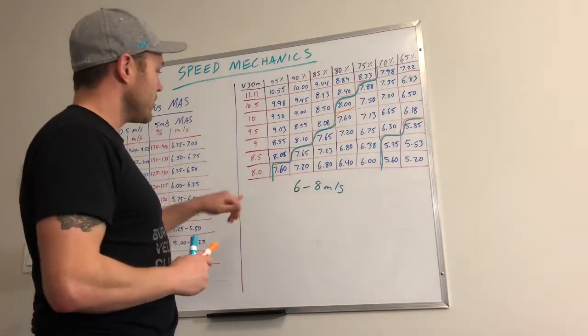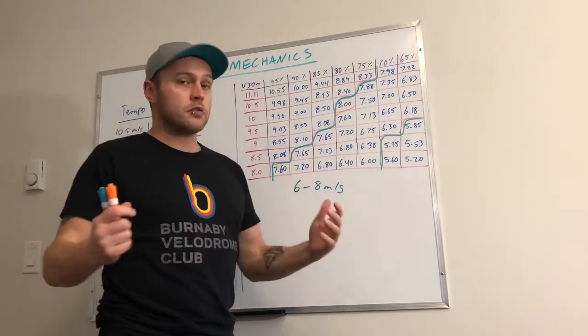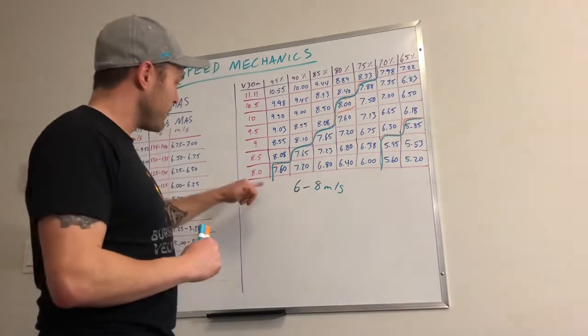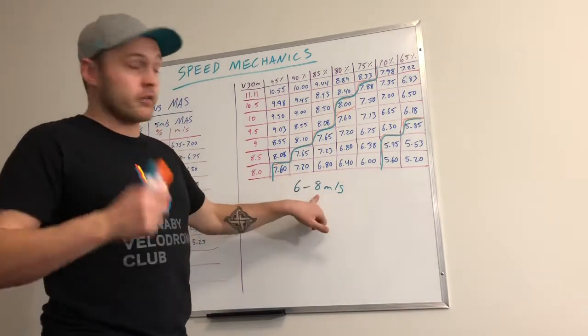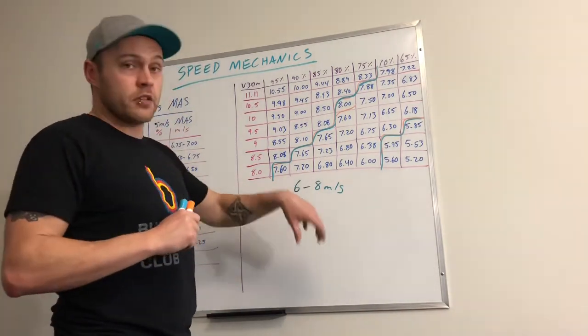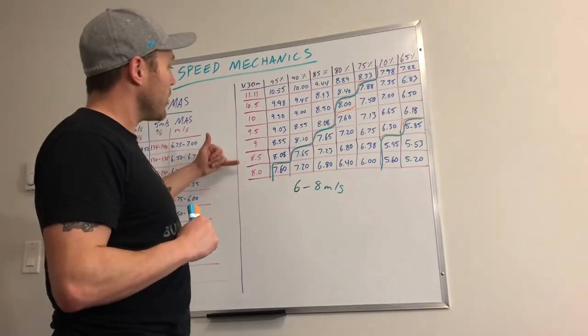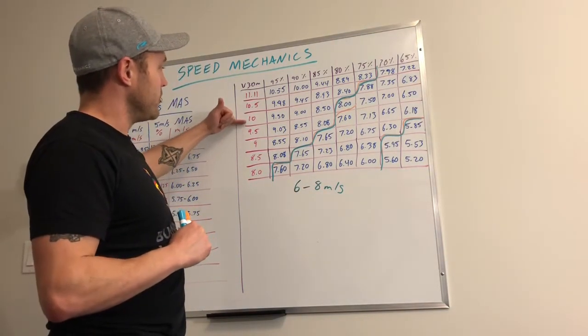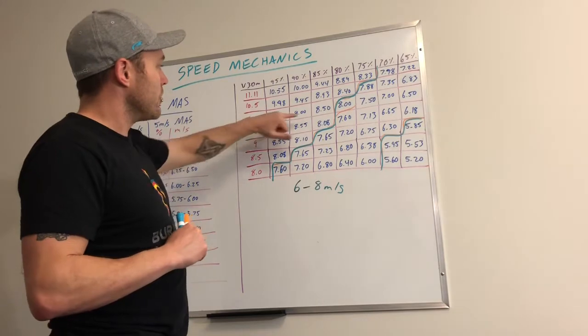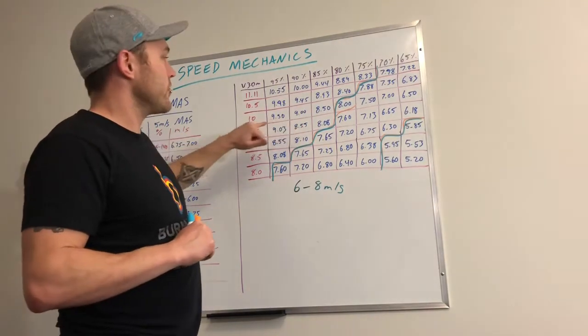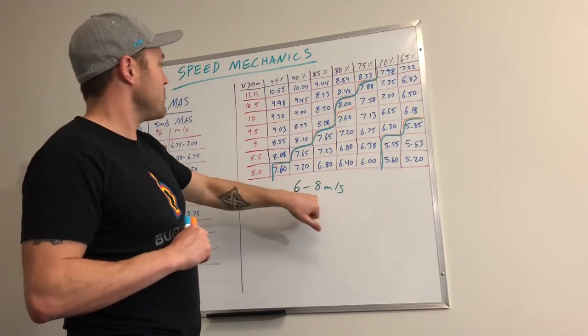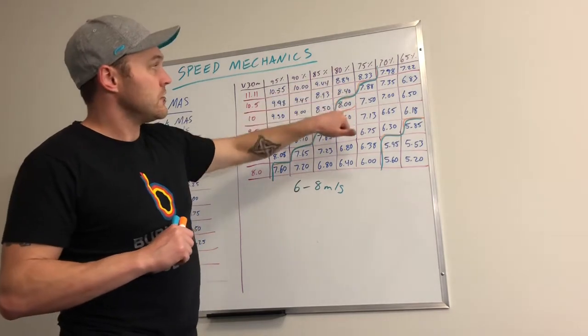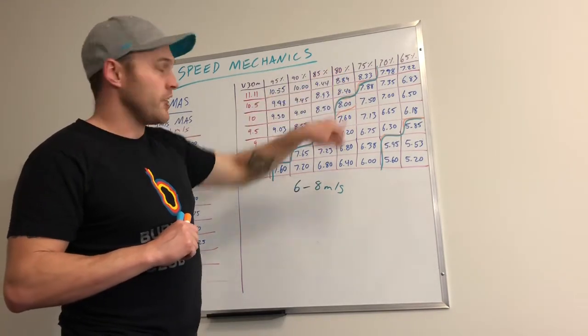So you can see if I can only sprint at a top speed of 8 meters per second, that's the max, then I'm going to be redlining a lot. But if I boost up to 10 meters per second, now I've got more choices, and I don't hit this 8 meters per second until I'm running at 80%.